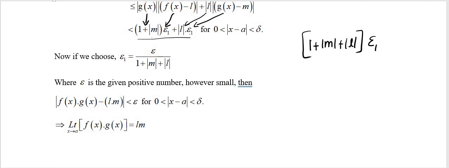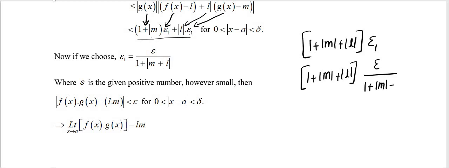The value of epsilon 1 is epsilon by 1 plus mod m plus mod L. So cancel this denominator with this numerator, then we are going to get epsilon.